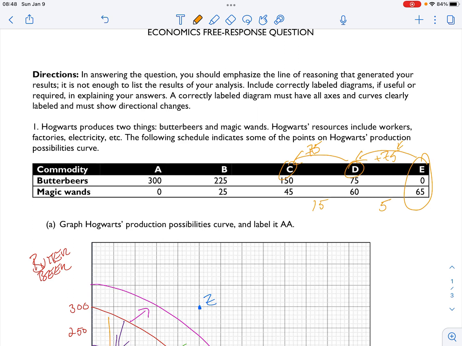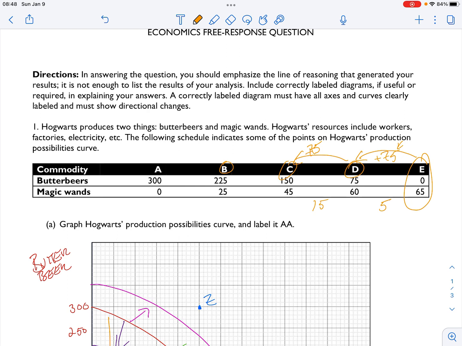But your second 75 butterbeers, going from D to C, cost you 15 magic wands. You can already see that as you produce more and more butterbeers, those butterbeers are getting more expensive. You have to give up more magic wands to get the same number of butterbeers.